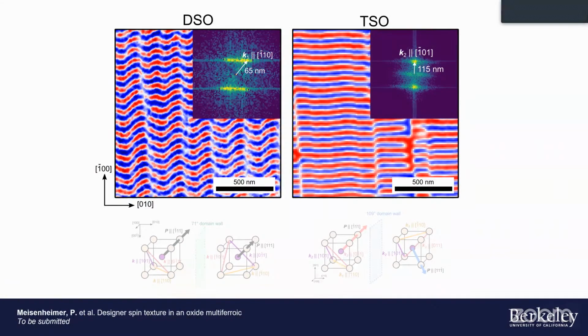It's almost like I'm setting up my own explanation. But if we look at our sample on the dysprosium scandate, where we have this nice zigzag pattern, these are in the same crystallographic orientation, where our k vector is along 110. On terbium scandate, we have a wider period cycloid, which comes from the projection.